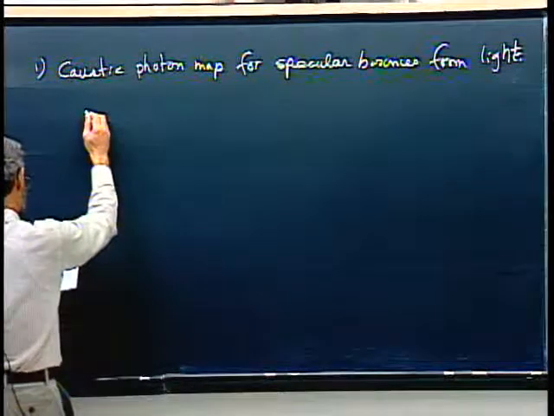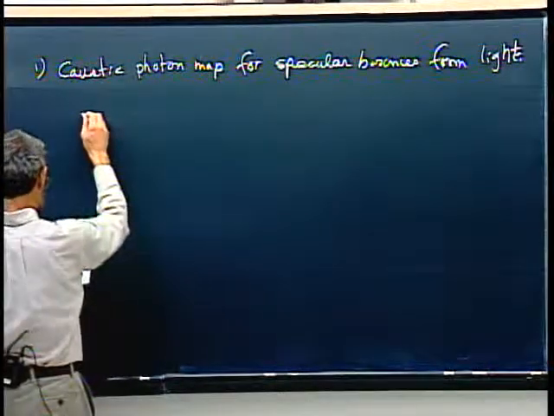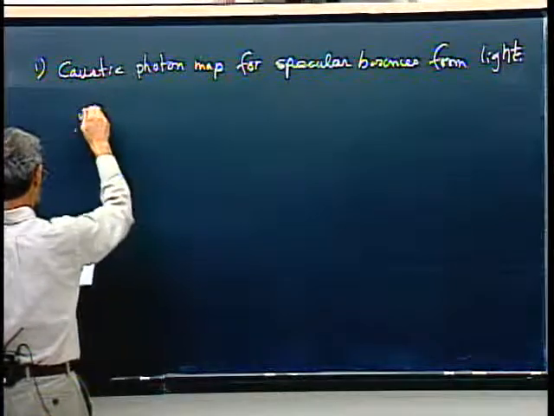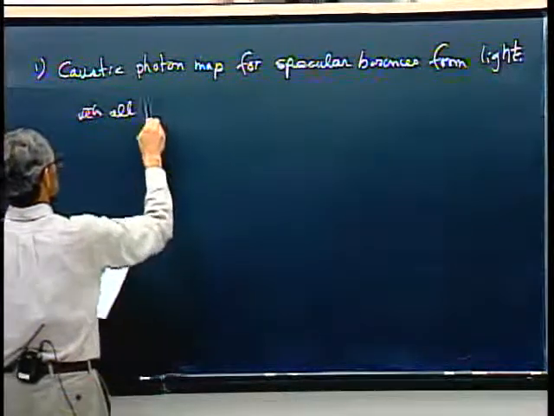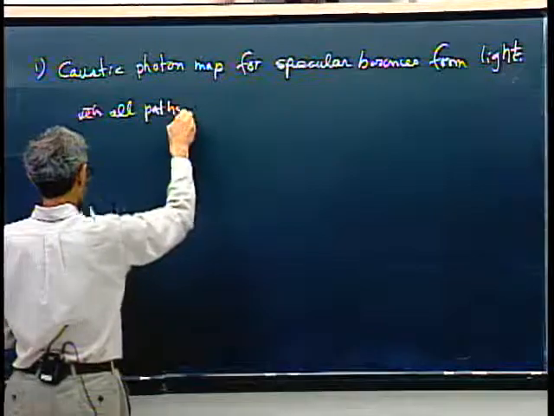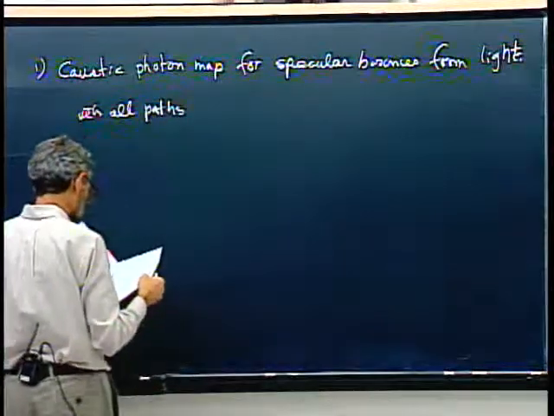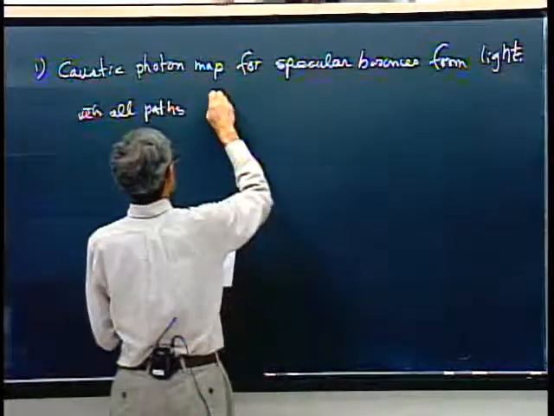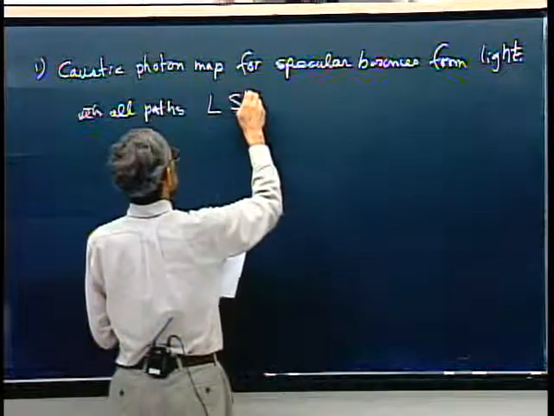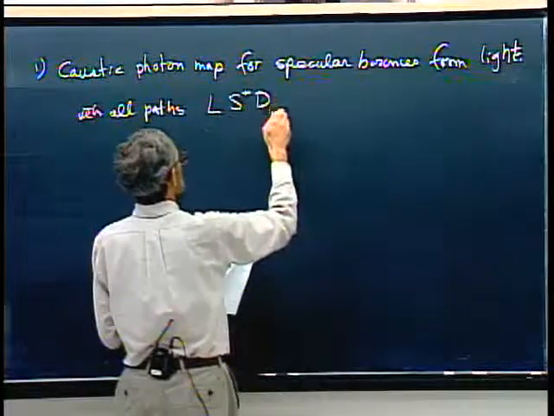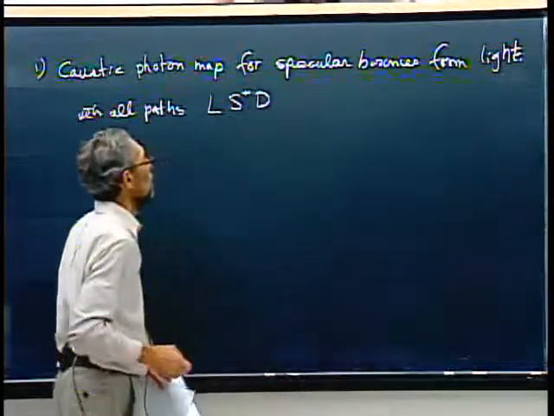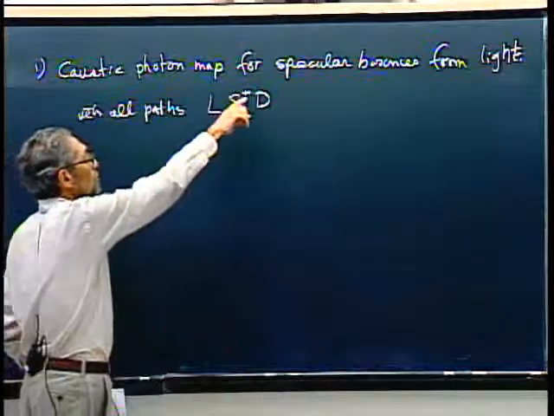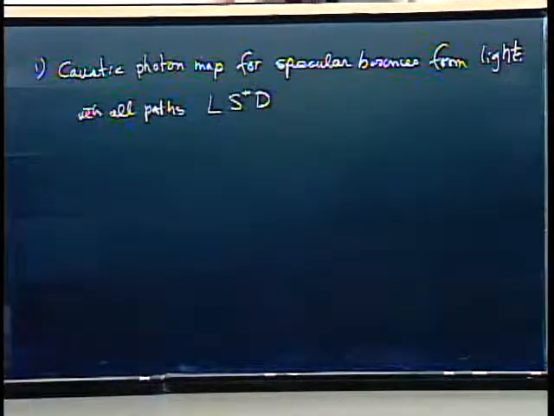And so that gets all paths L, S plus D. And the paths stop at D where the photons are stored. And the reason I put plus is because we aimed these photons specifically at only the specular surfaces.